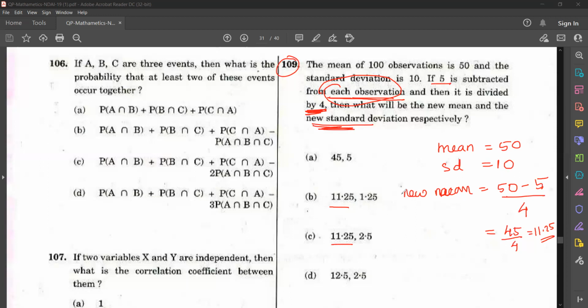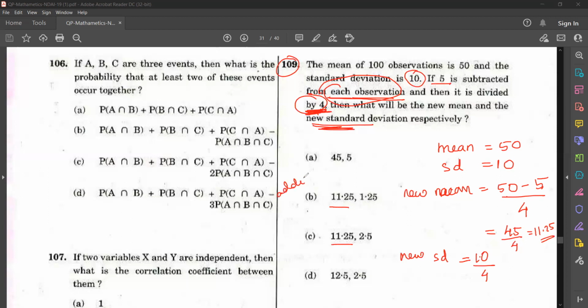So we are subtracting 5 from each observation, and we are dividing by 4. So the new standard deviation is the original standard deviation, 10, divided by what number? We are dividing by 4.